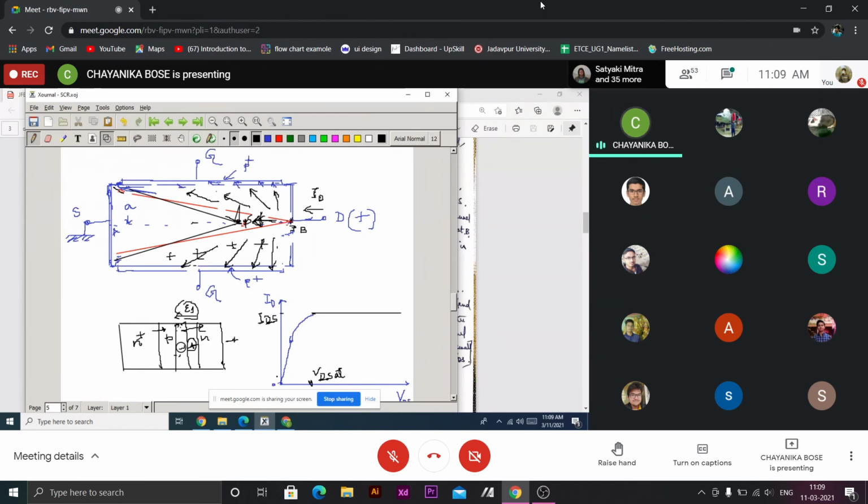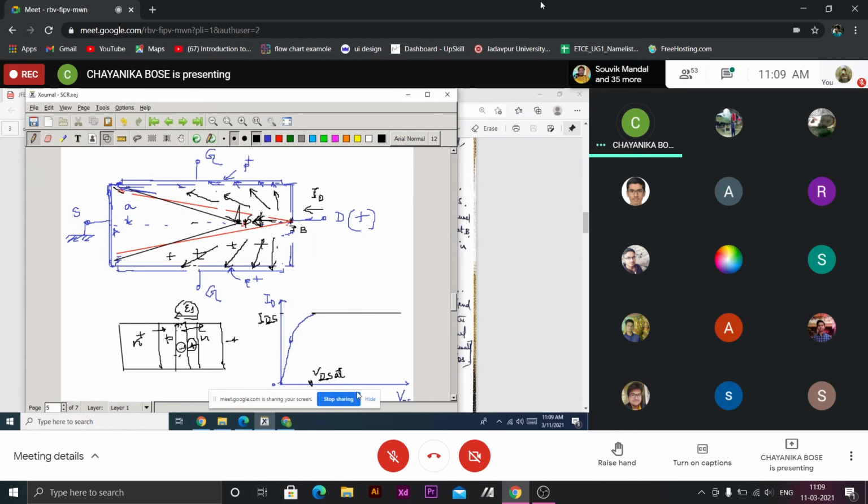Now, as we increase drain voltage further, the depletion region will extend within the N-type bar, and its width will increase along the length of the bar, and it is maximum at the drain end.